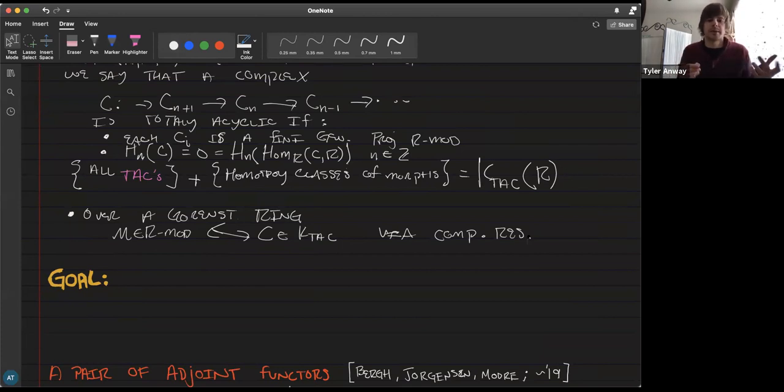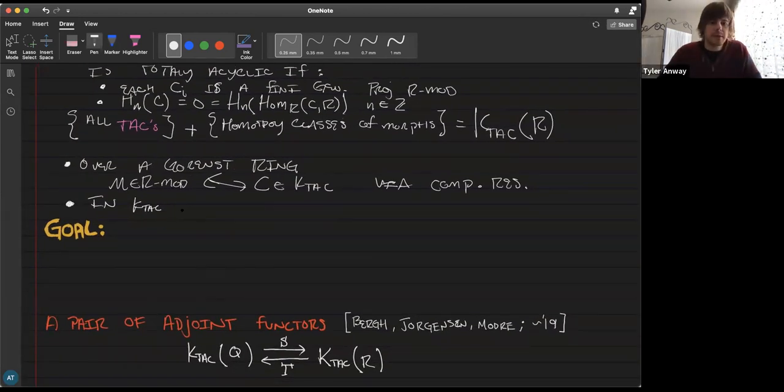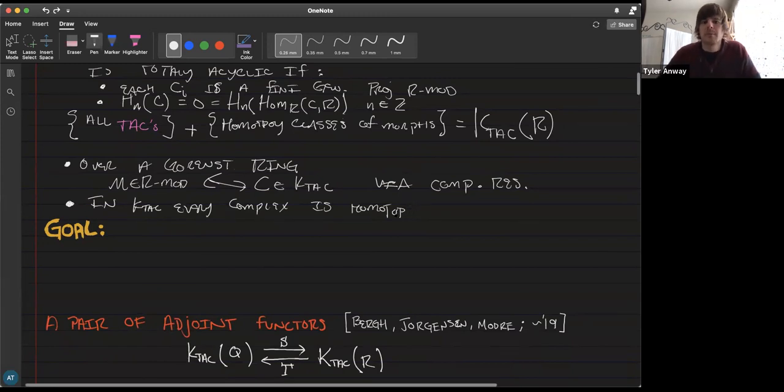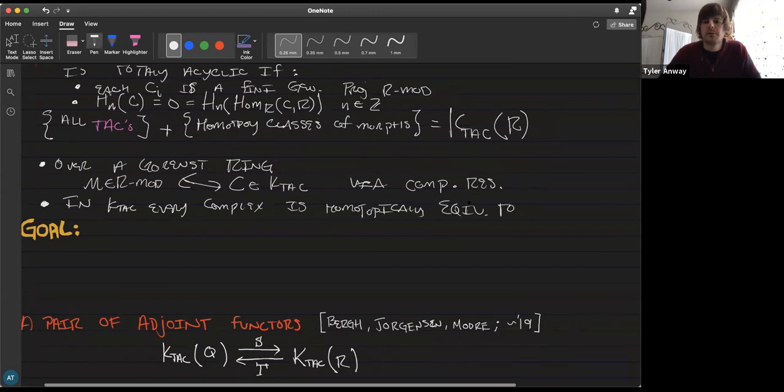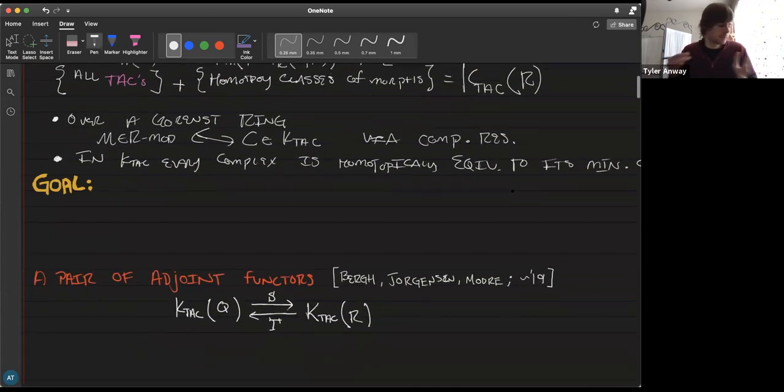Just know that there's this formal process linking a module and a totally acyclic complex. I also want to mention that in Ktac, every complex is homotopy equivalent to its minimal complex, and homotopy equivalence is kind of like isomorphism in this category.